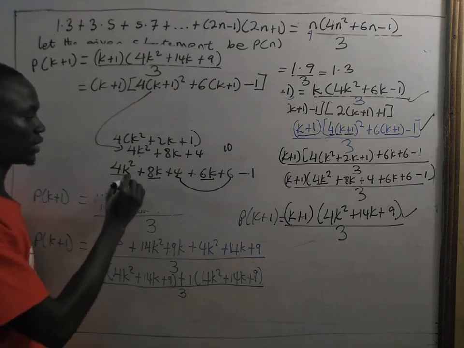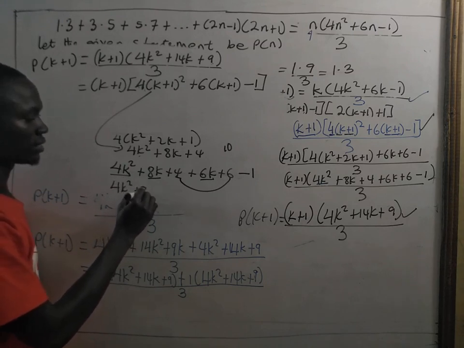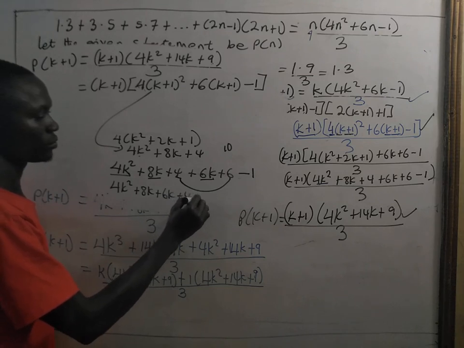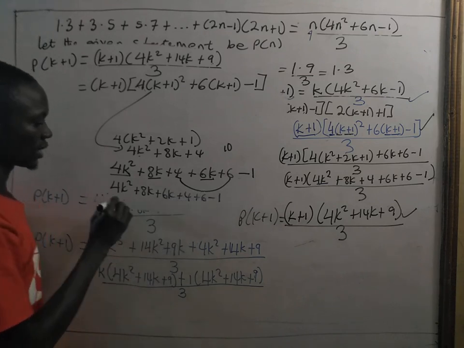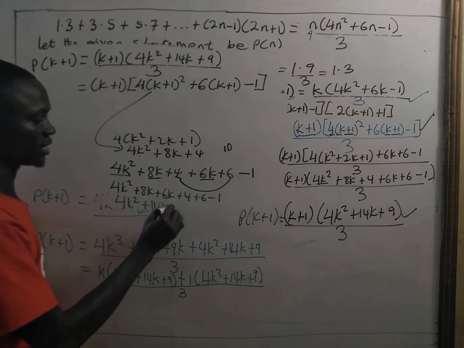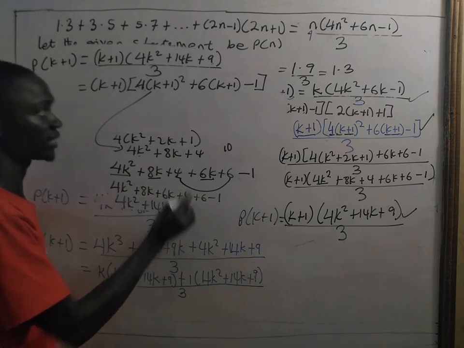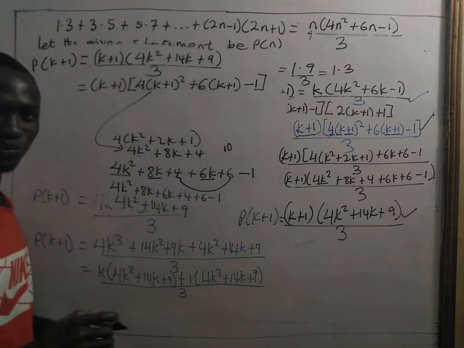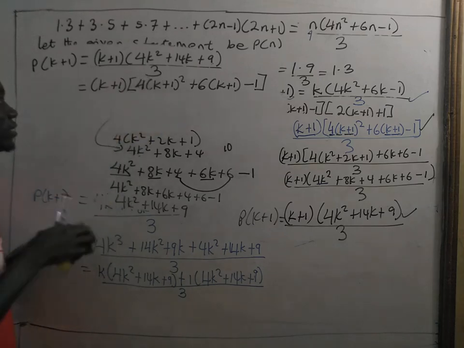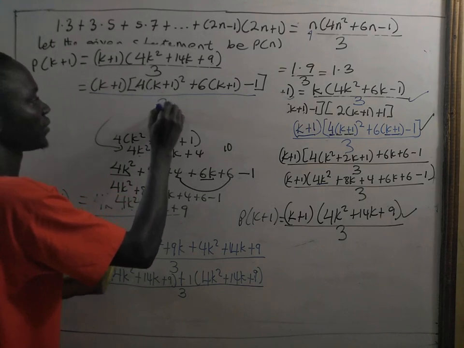So that it will be 4k squared plus 8k plus 6k plus 4 plus 6 minus 1, and that will give us 4k squared plus 14k plus 10 minus 1. 10 minus 1 is 9, and we come back here. So that is what we have there. And then we take all divided by 3.